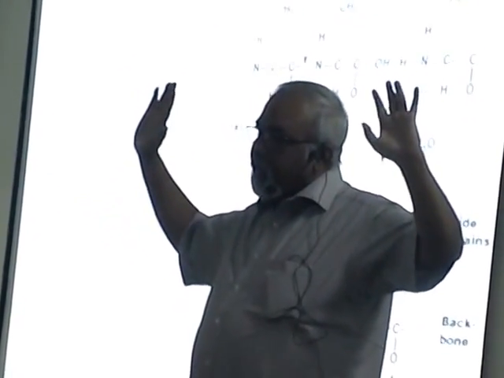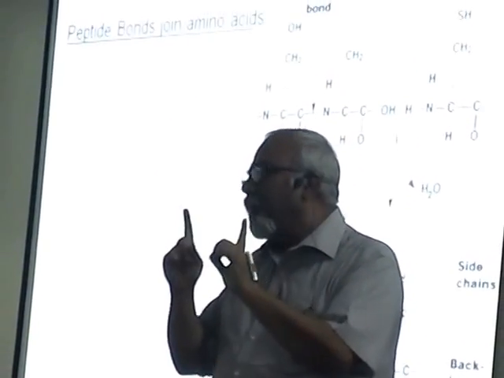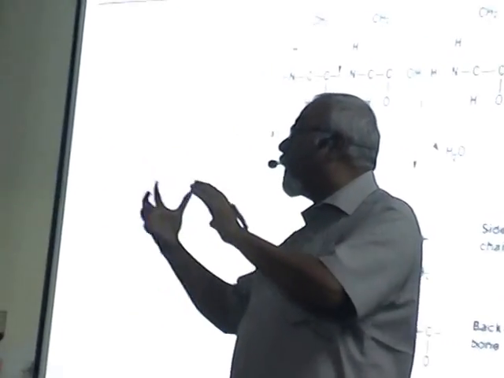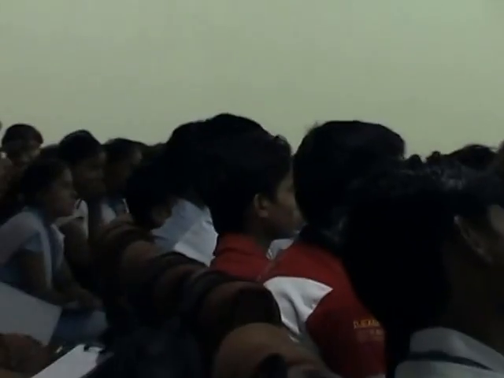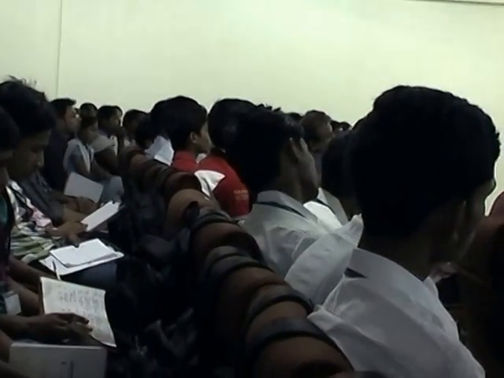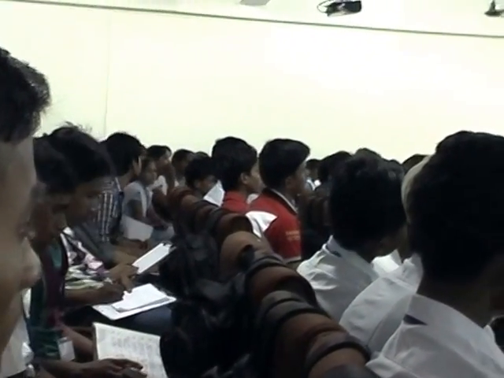And in nature, you have only one way to fold the protein so that the protein becomes functional. By functional, I mean that it can perform the function that it is supposed to.